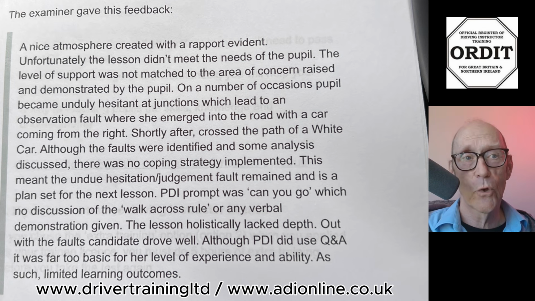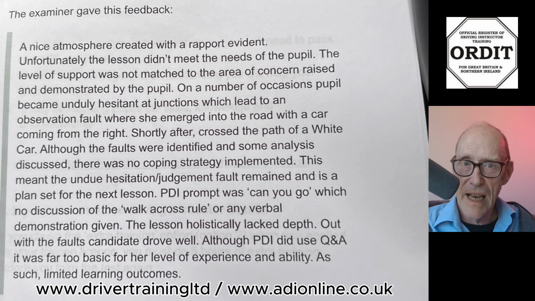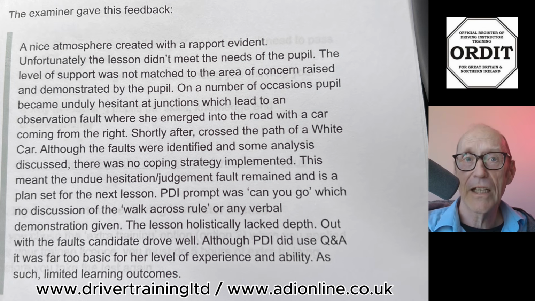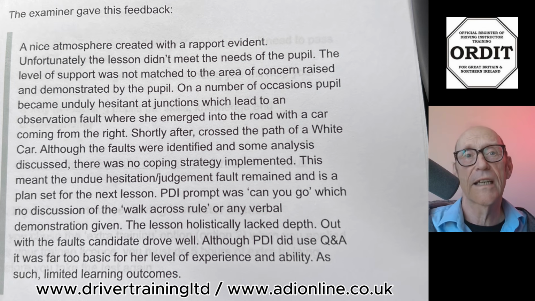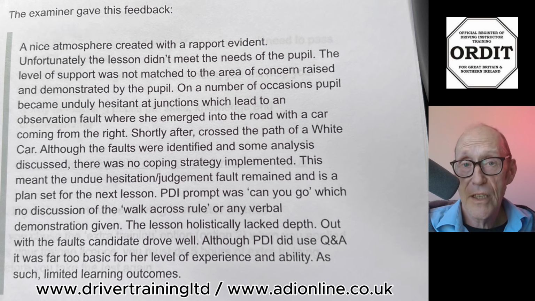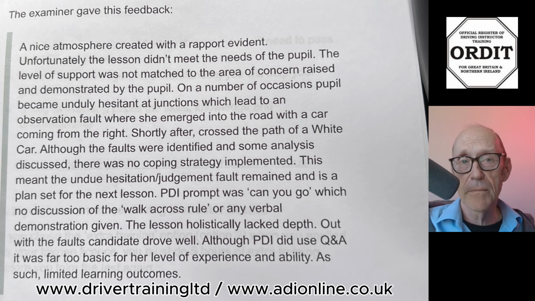And then it says shortly after, crossed the path of a white car. So again, perhaps turning right, major to minor, didn't judge the correct gap. Once again, it's the same fault coming up, adequate gaps. Now, interestingly, it says, although the faults were identified and some analysis discussed, so they told them, there was the car coming, then we turned right and there wasn't enough room. Some analysis discussed. What's the problem with that?